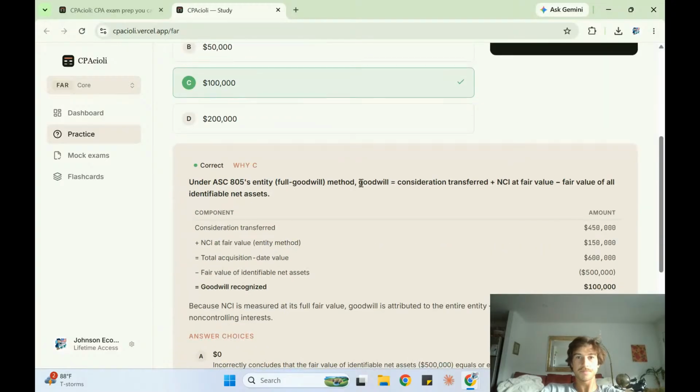Nice. Goodwill equals consideration transferred plus NCI at fair value minus fair value of all identifiable net assets.